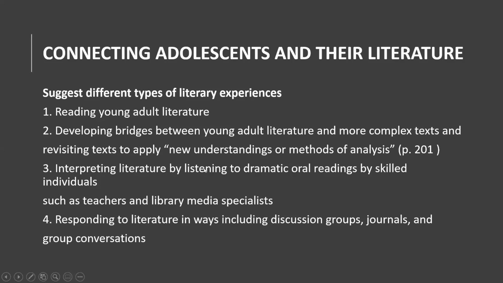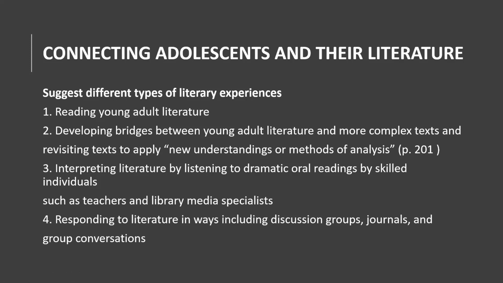Interpreting literature by listening to dramatic oral readings by skilled individuals such as teachers or library media specialists, and responding to literature in ways including discussion groups. This one's good. Journals and group conversation. So one way to connect young adults to literature: discussion, journals, and group conversations.